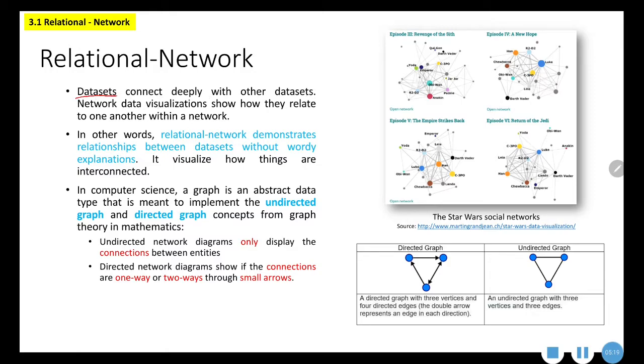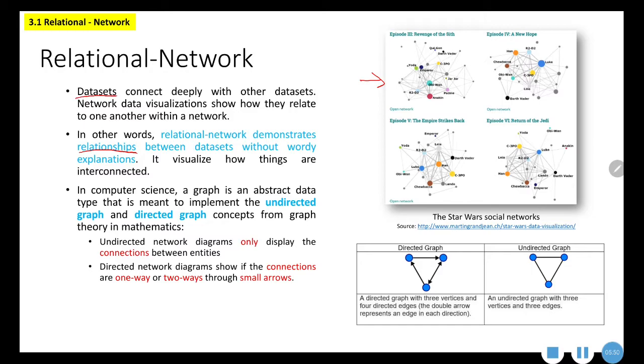Network data visualization shows how they relate to one another within a network. This relational network is meant to visualize data within a data set, so that we can see the connection, for example in this diagram, between one data and another data. In other words, a relational network demonstrates relationships between data sets without wordy explanation.